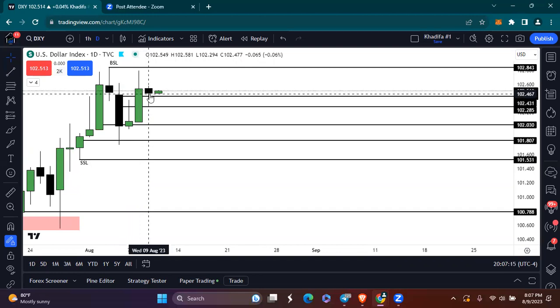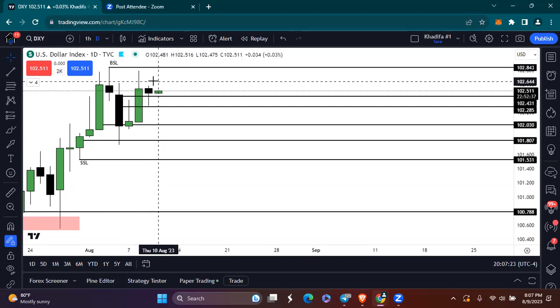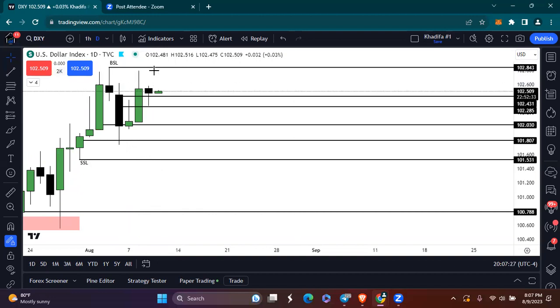We did find support today. 102.8804. We came really close to running that buy side liquidity, but we didn't. So I expect us to close the week running that buy side liquidity.